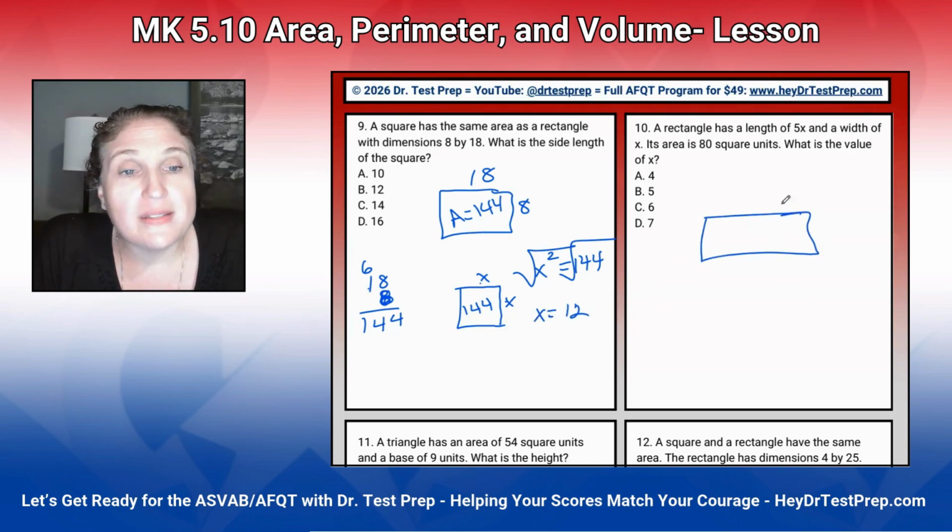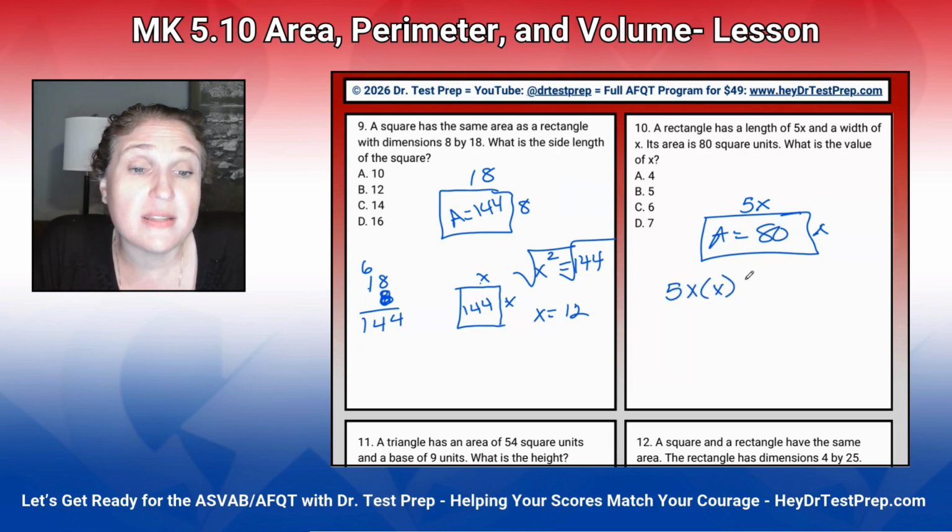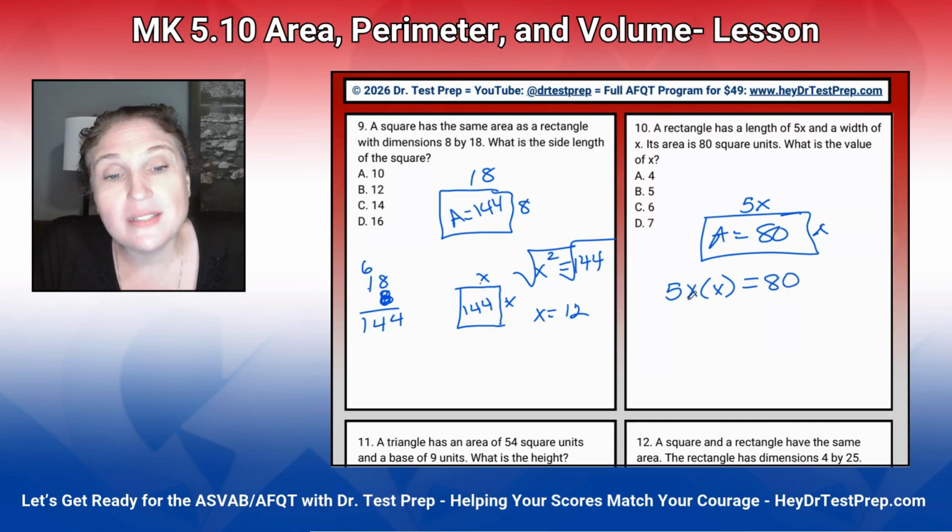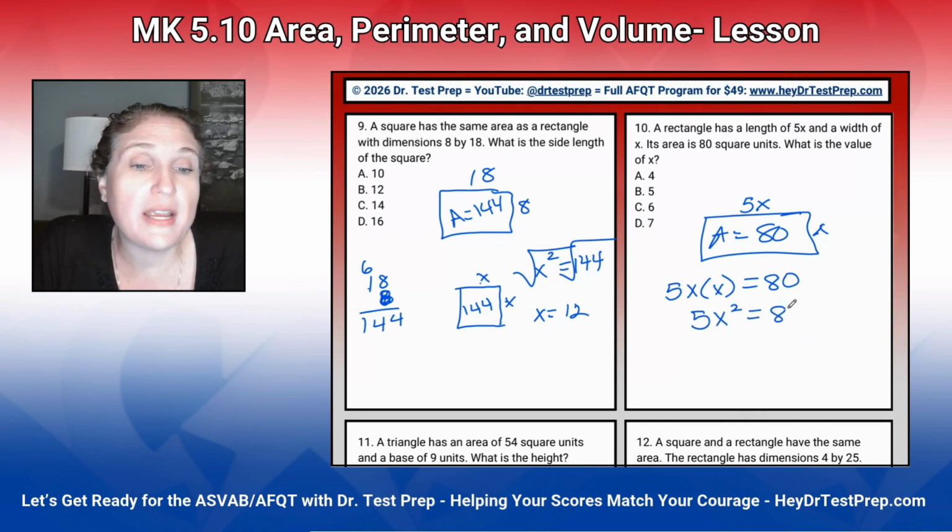A rectangle has a length of 5x and a width of x. Find x if the area is 80. So I've got 5x times x equals 80. Now we did this in our polynomials lesson. X times x is x squared. So we've got 5x squared equals 80.